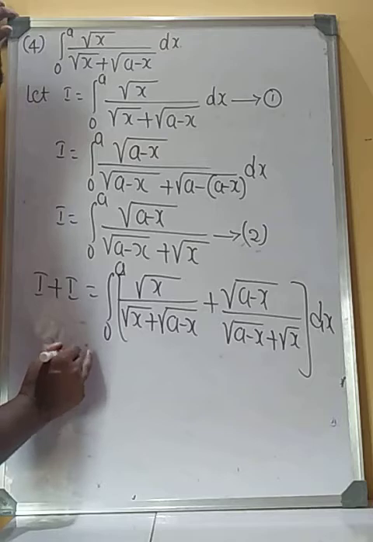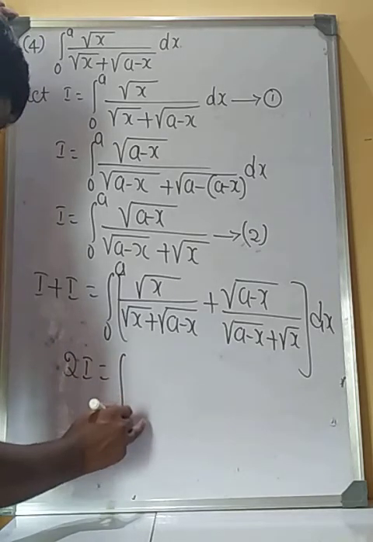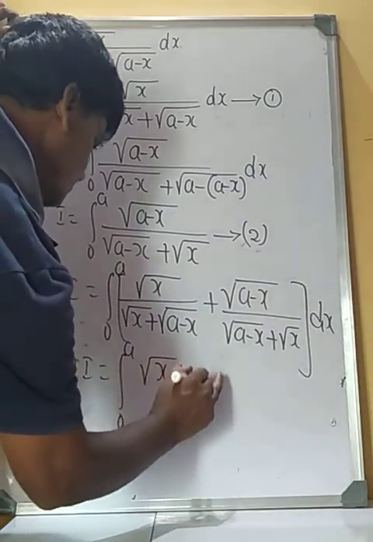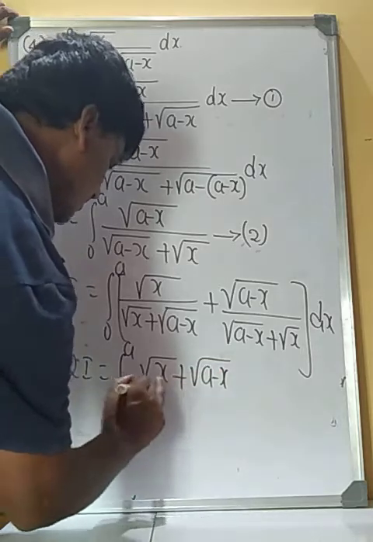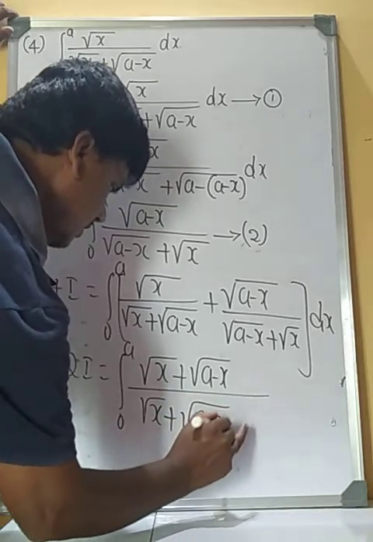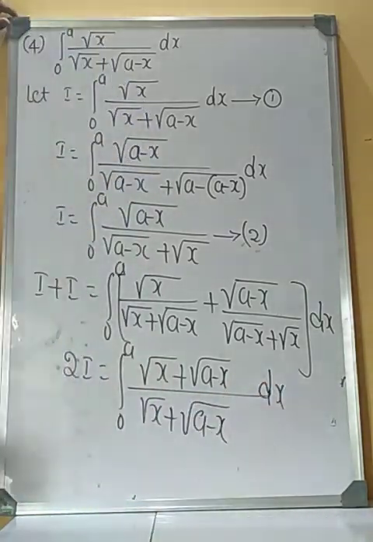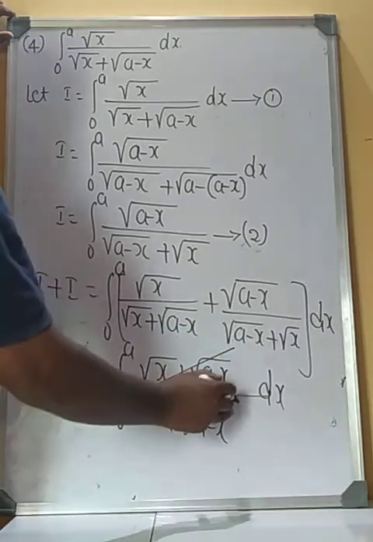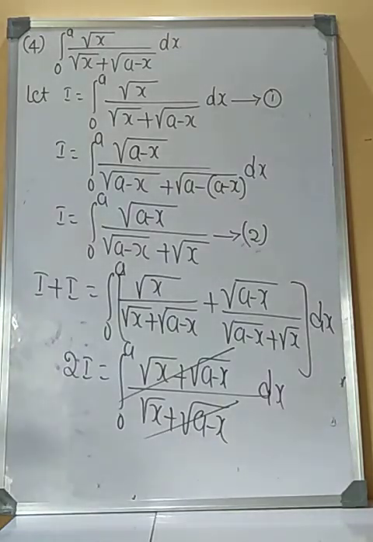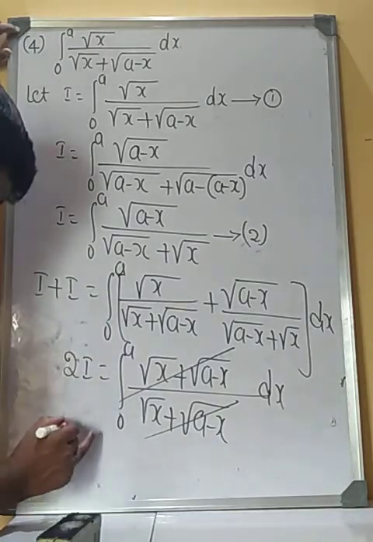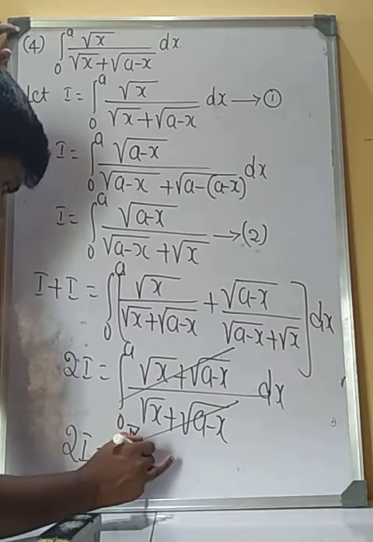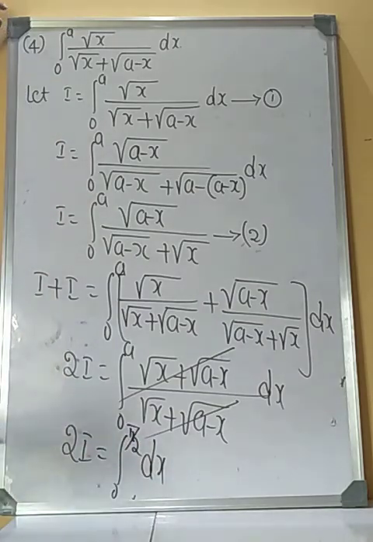So therefore I plus I is 2I, integral 0 to a root x plus root of a minus x divided by root x plus root of a minus x into dx. Root x plus root of a minus x gets cancelled. Therefore 2I equals integral 0 to a 1 into dx.